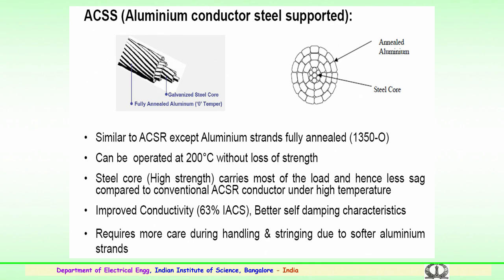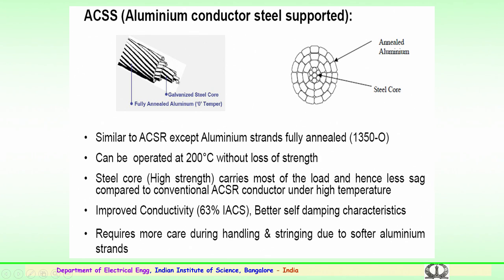Again, this ACSS conductor is similar in construction to aluminum conductor steel reinforced ACSR, except here the aluminum strands being used are fully annealed at 1350 degrees. And this ACSS conductor can be operated at 200 degrees without loss of its mechanical, electrical or thermal strength.